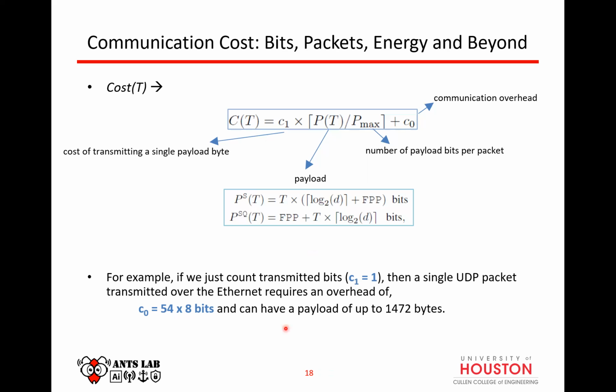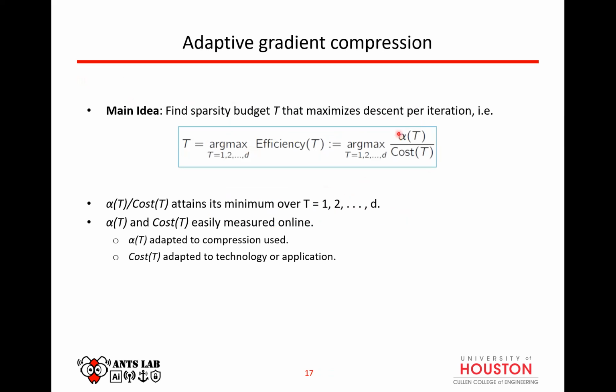So now you know that depending on what kind of communication technology you're using, you can flexibly define your communication cost. And the alpha, as we know, depends on the kind of data you use and the kind of compression you use. We are also now considering the communication technology that you're using.